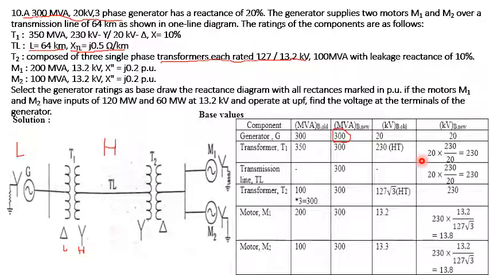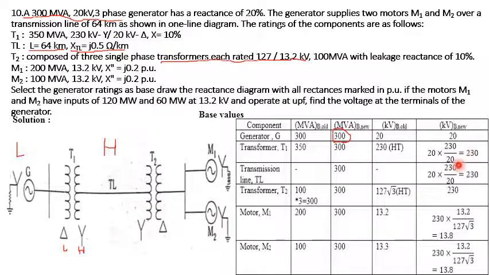We want to calculate the ST rating of the transformer. The LT rating is what we got from generator G1, which is 20, into the ST rating of transformer T1, which is 230, divided by the LT rating of 20.